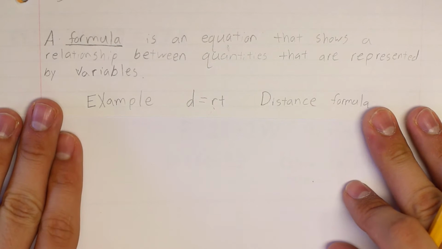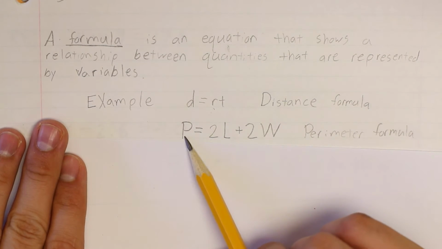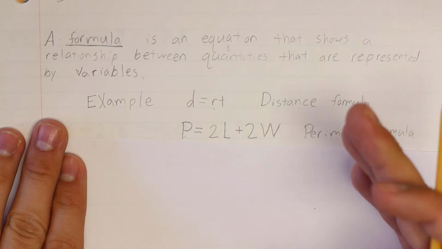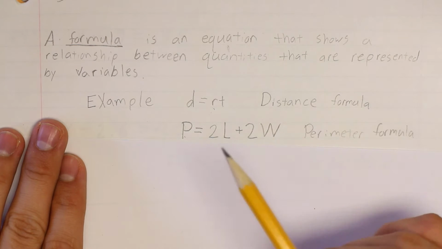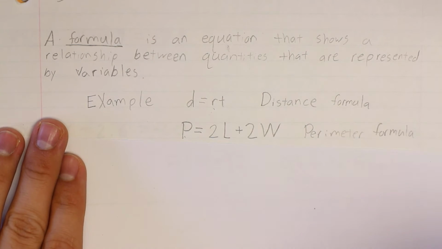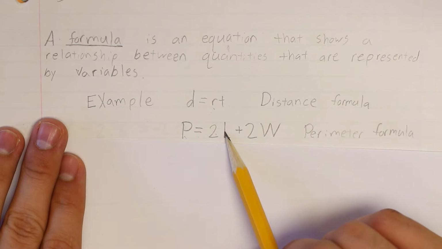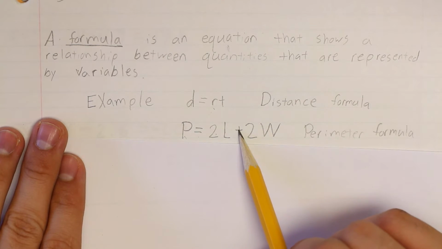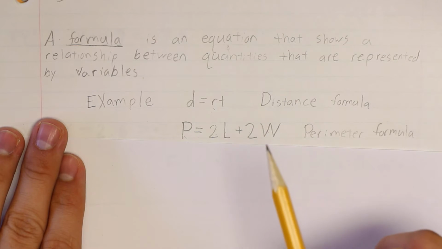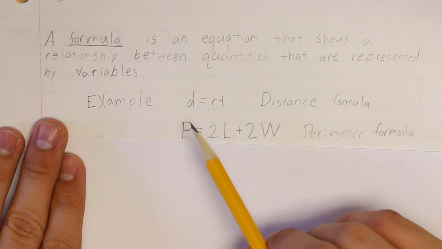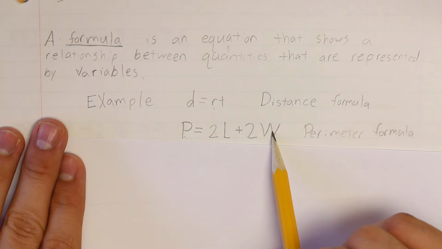Another formula that y'all should be familiar with is the perimeter formula. This is for a rectangle or a square, but a square is a rectangle, so that's kind of redundant to say. The perimeter is equal to 2L, meaning the length, plus 2 times W, and W is the width. So the perimeter is equal to 2 times the length plus 2 times the width.